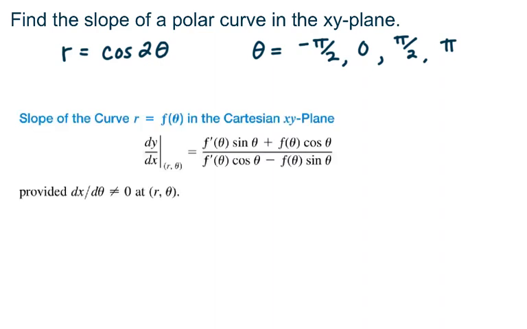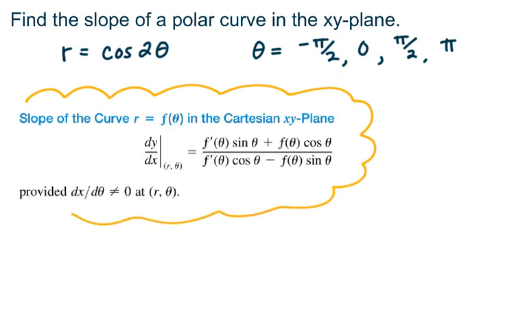You may recall in the previous video, we mentioned that we have a formula for the slope of a curve in a Cartesian plane. This is the slope, dy/dx, at some (r, theta) point. If we know that point, r and theta, then we can find the slope in the Cartesian plane.